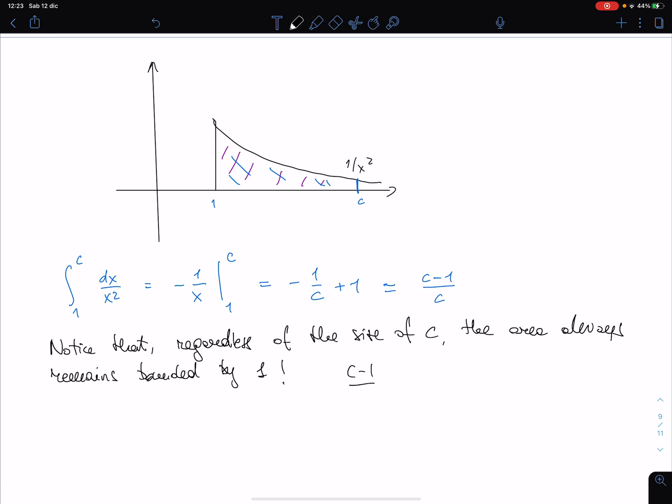Indeed, c minus 1 divided by c is equal to 1 minus 1 over c, so it is less than 1.